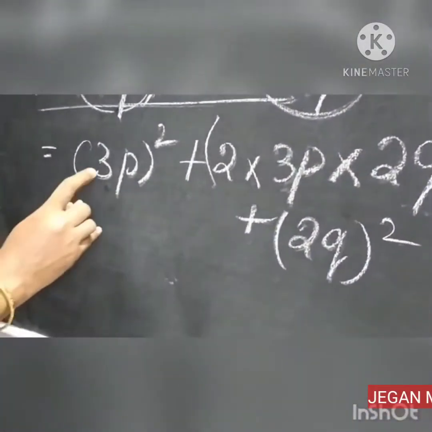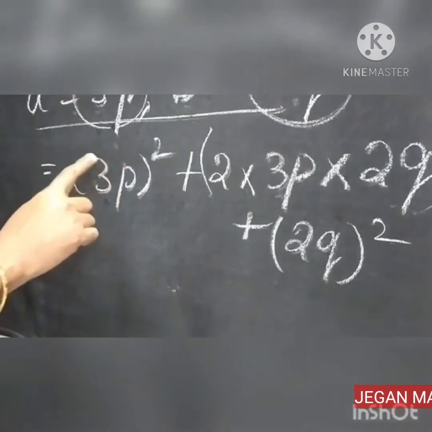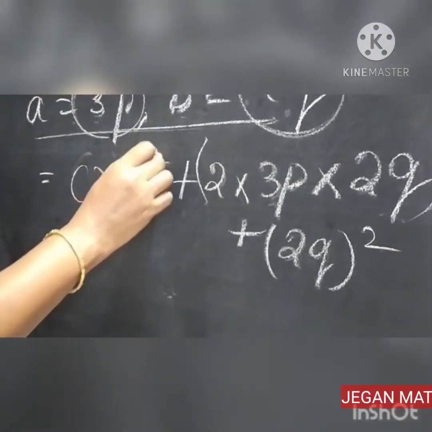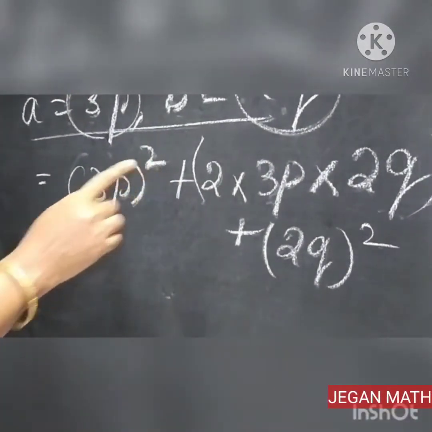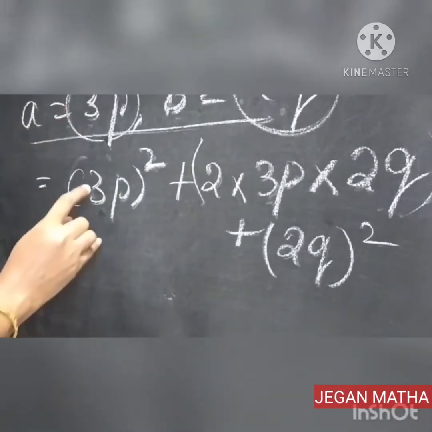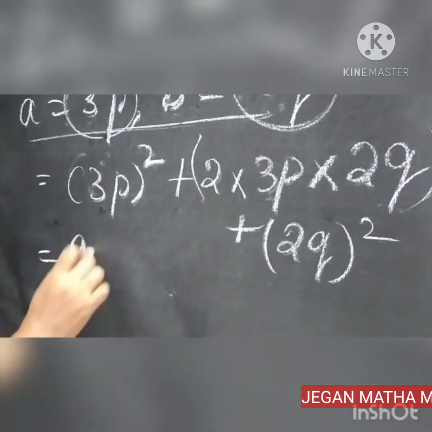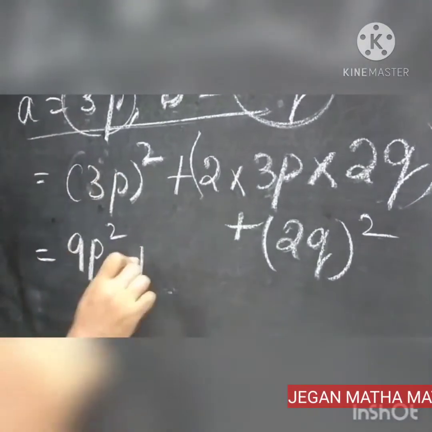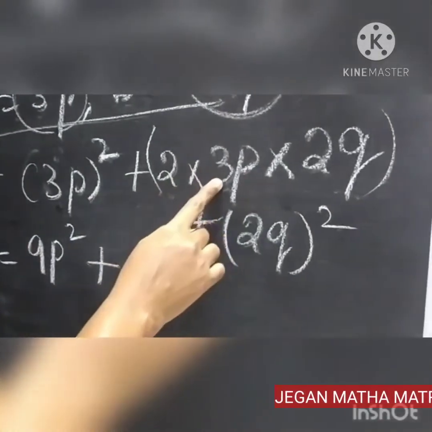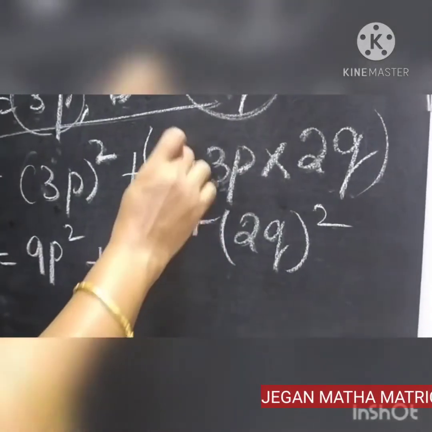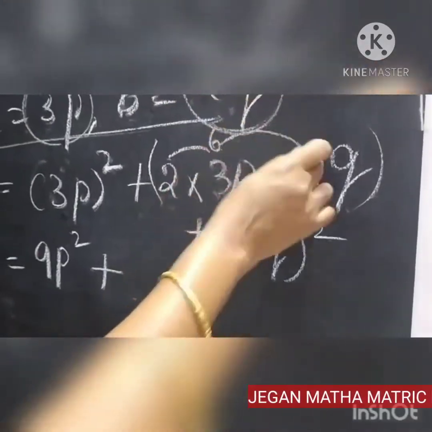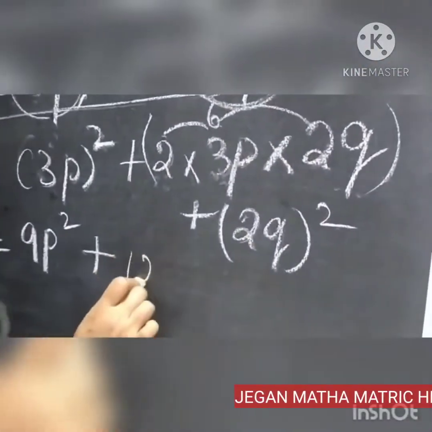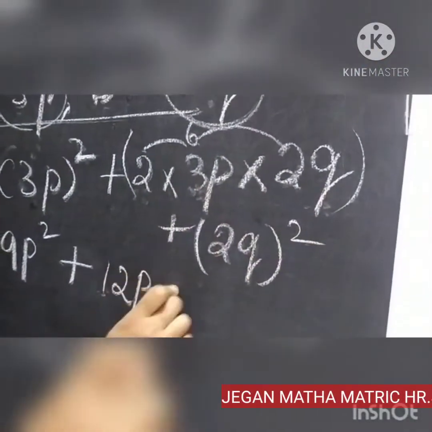Now we can simplify. Here (3p) the whole squared means the power is for 3 and p also. 3 squared is 9, p squared, plus here 2 and 3 you have to multiply. 3 2s are 6, 6 2s are 12, 12pq.